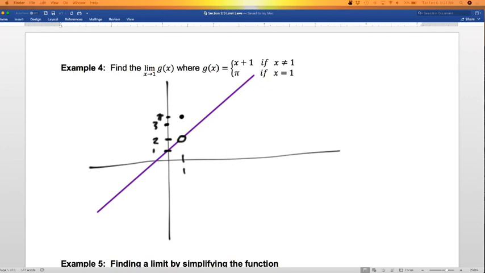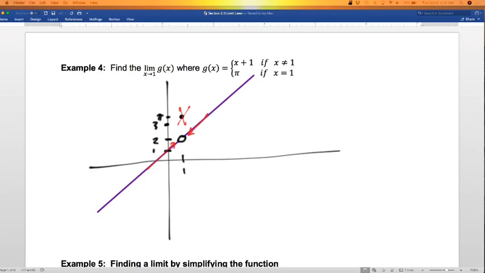And we already evaluated issues like this with limits. And we said, okay, I don't care what this point is. I don't care what's happening at x equals 1. I care what's happening near x equals 1. Okay? I care what it's approaching. And so we already looked at this with graphs last week and said, well, of course, that's still going to be 2. Who cares what's happening at 1? We care what's happening near 1.